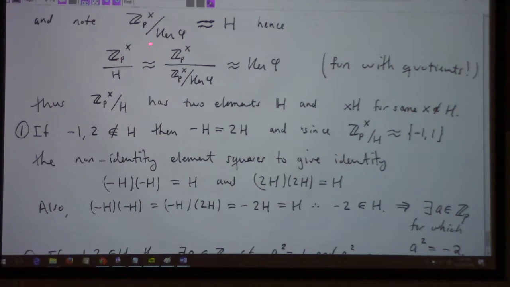Since Z_p^x mod the kernel is isomorphic to H, where H is the image of the homomorphism from the multiplicative group to the non-zero multiplicative group of integers mod p, Z_p^x mod H is the same as Z_p^x mod the kernel. You can think of these as canceling, and that goes upstairs. That's how we got that this has two elements in it, because the kernel has 1 and -1 in it for this map.